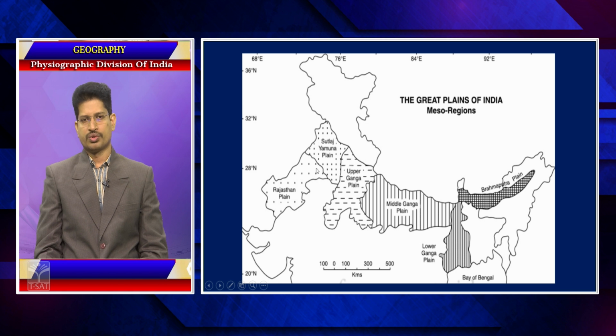These are the different divisions of the Great Plain regions of India, which are the result of the depositional activity of the great river systems like the Indus, the Ganges and the Brahmaputra. Here the Yamuna plains and the Rajasthan plains are divided by the Aravalis to the west, and east to the Ganga plains of the UP-Bihar plains.